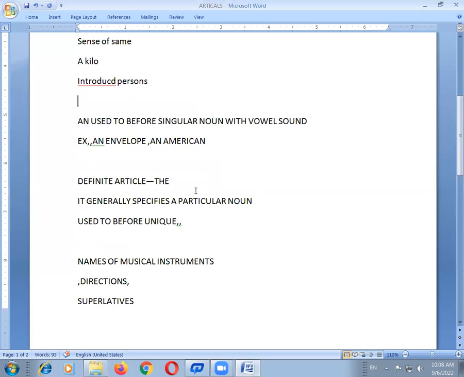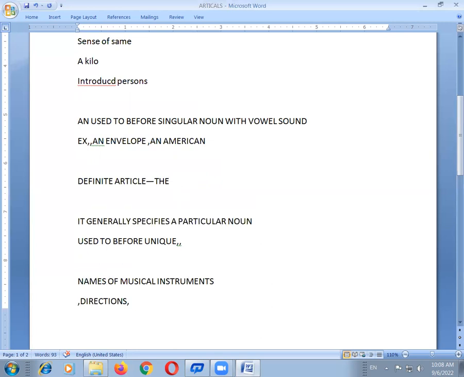Now we will discuss the article the. It generally specifies a particular noun. We use it before nouns that have some distinction.